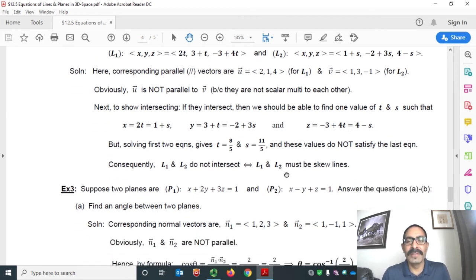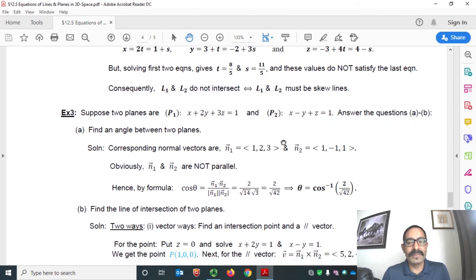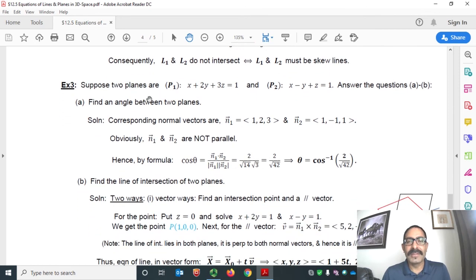Now let's move on. Example 3. Suppose two planes, P1 with these equations, P2 with these equations, are given to us. Then answer the questions A and B. First part, find the angle between two planes. We know the angle between two planes is the angle between their corresponding normal vectors.